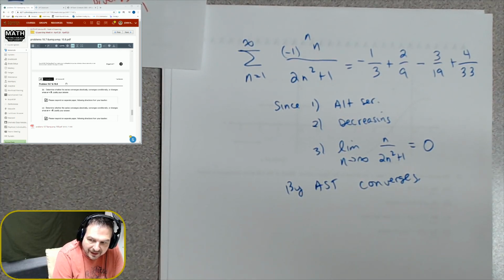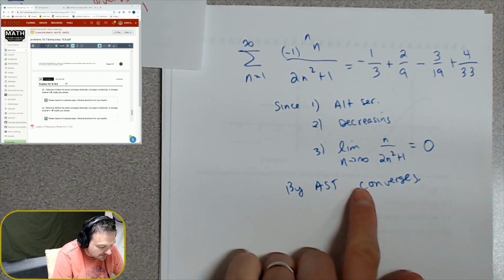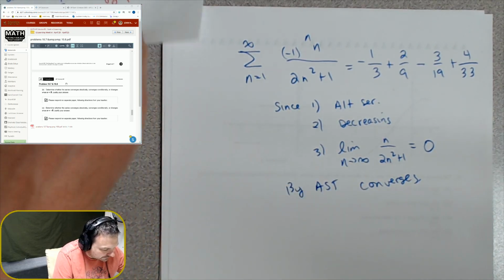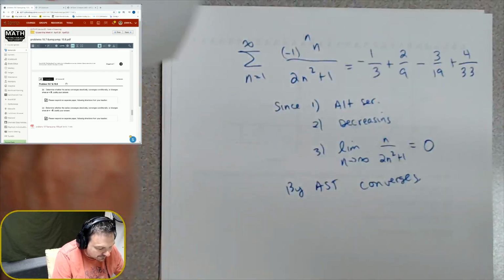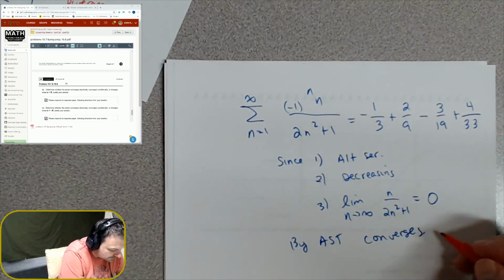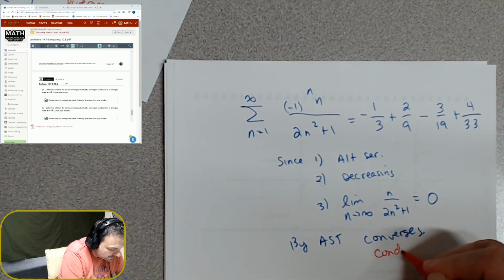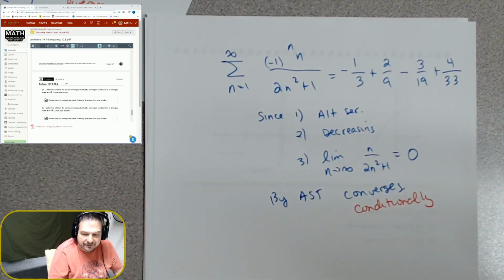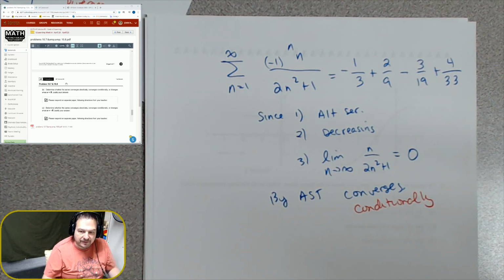So therefore, it converges, but this one diverged, so the word we use is that this converges conditionally. It does not converge absolutely, it converges conditionally, because the absolute value diverged and this one converged.